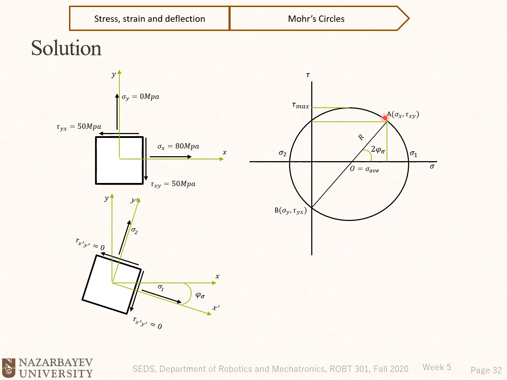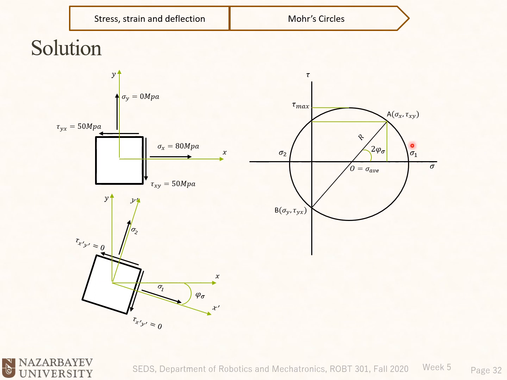Based on this right triangle, we can find the radius r. We also have the sigma average, so sigma 1, the first principal normal stress, is equal to sigma average plus r. Moreover, we can find sigma 2, the second principal normal stress. What is the value of sigma 2? It is O minus r, where r is the radius of our circle.